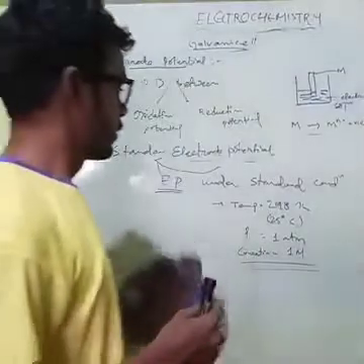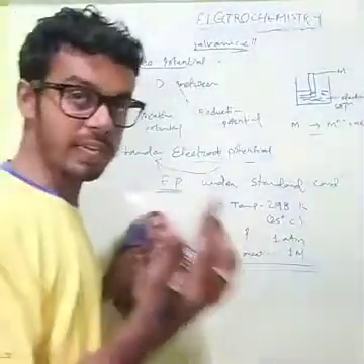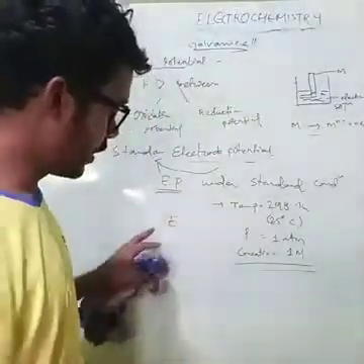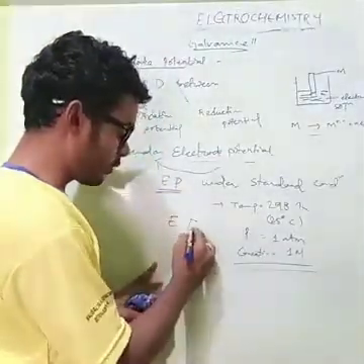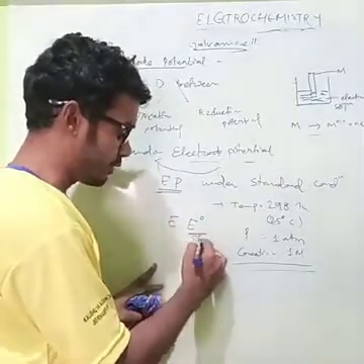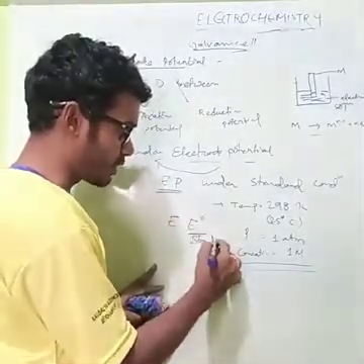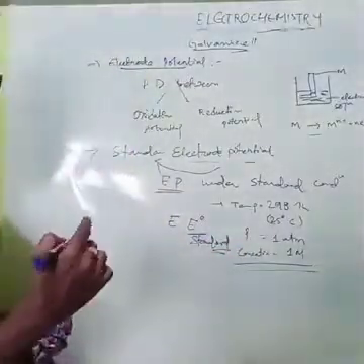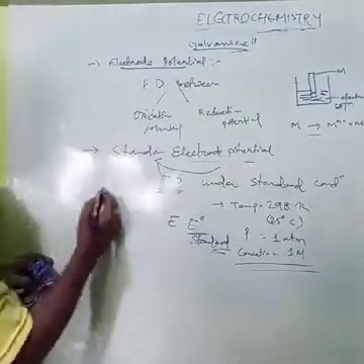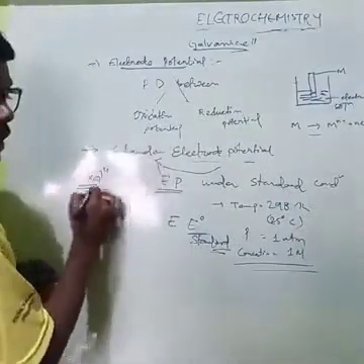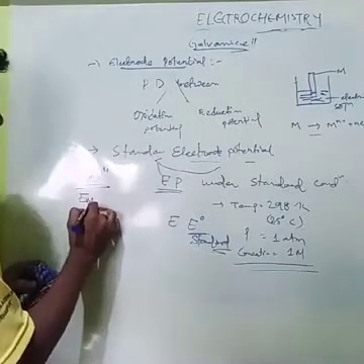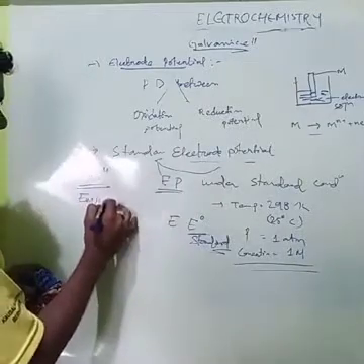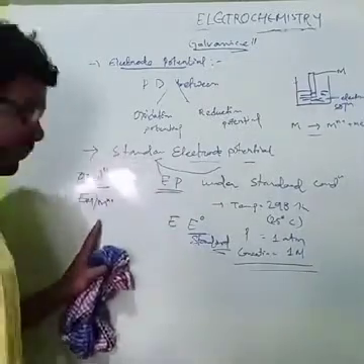So how will you represent standard electrode potential? Electrode potential is capital E, or if you write E naught, this is standard. Naught stands for standard in all cases. Oxidation potential is E of M to M^n+, this is oxidation.